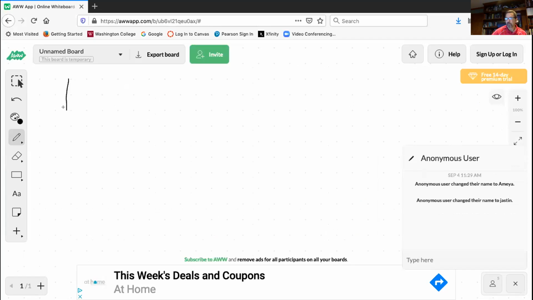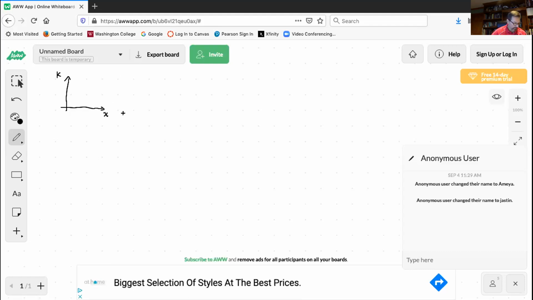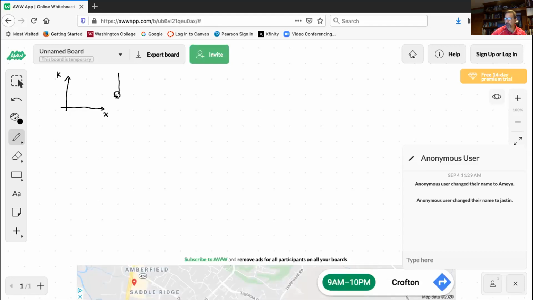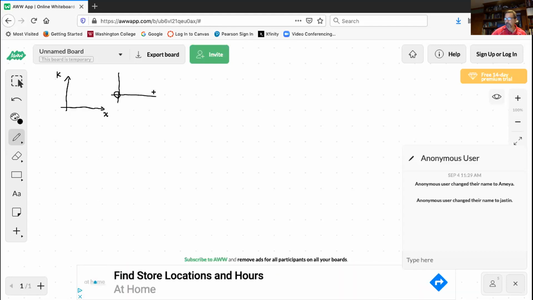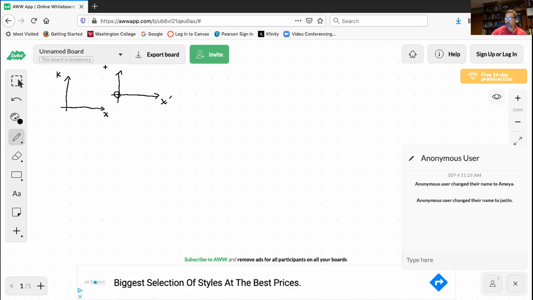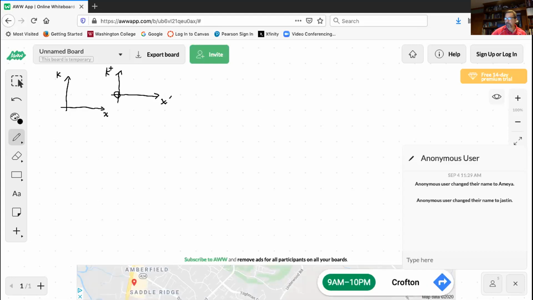Anytime you do a physics problem, we'll draw the picture. There's this for me, my stationary frame K, and that's my X axis. And then the nucleus guy, we'll put him up here. There's my nucleus, and it's moving. So it's meant to be at the origin of the prime frame, K prime.